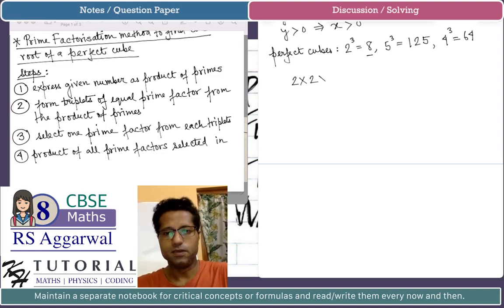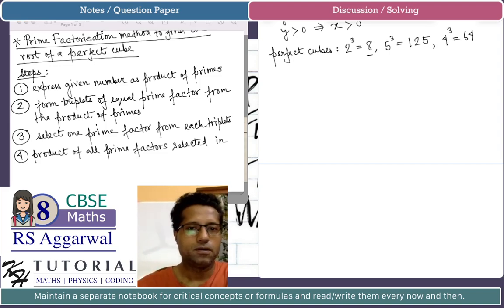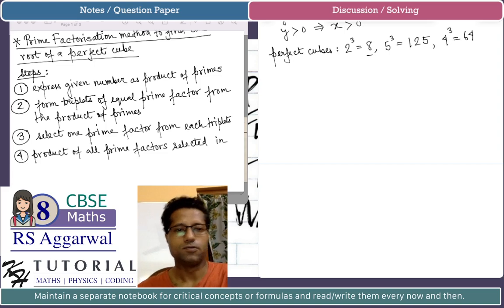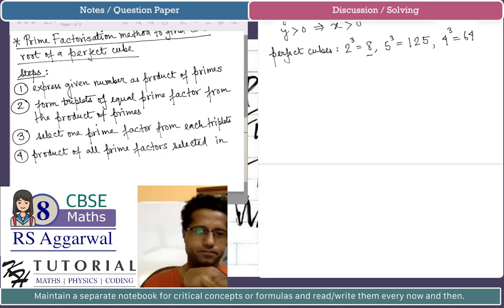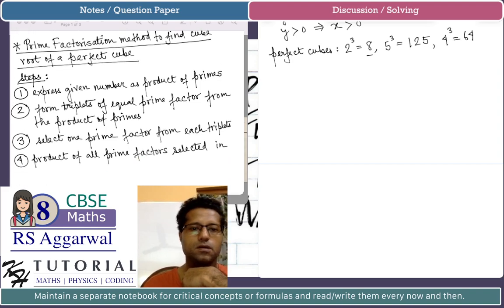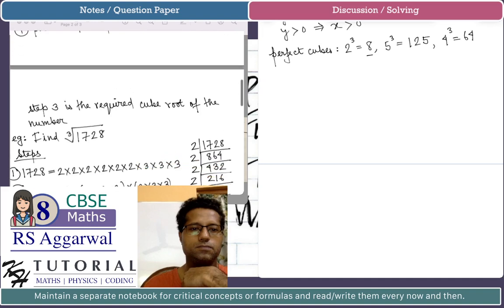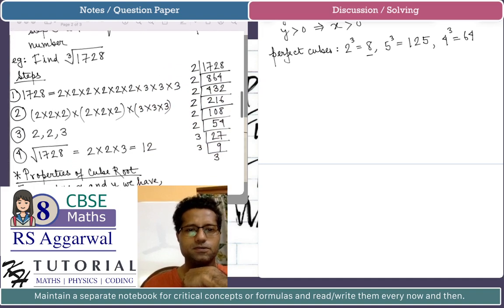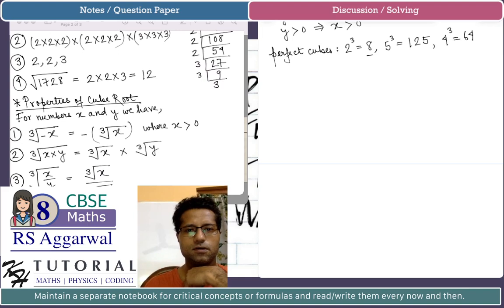It's better we solve a problem to understand this concept. In step 3 we select one factor from each triplet, and the product of those factors is the required cube root of the given number. There are examples in the notes. You can check that out.